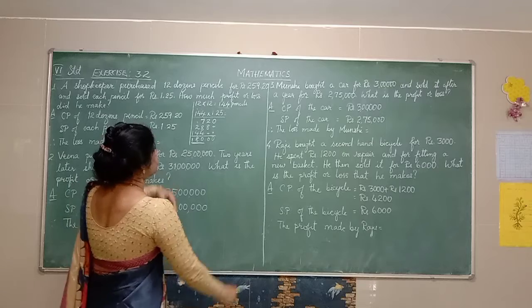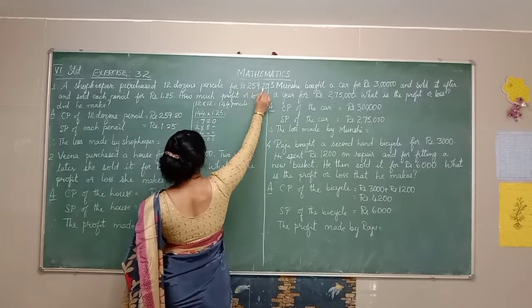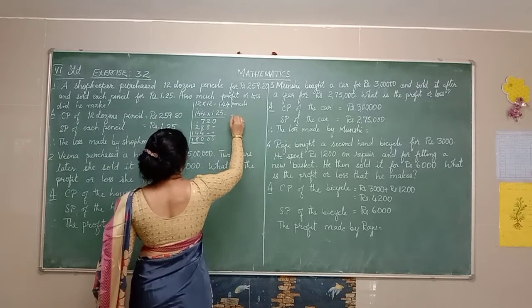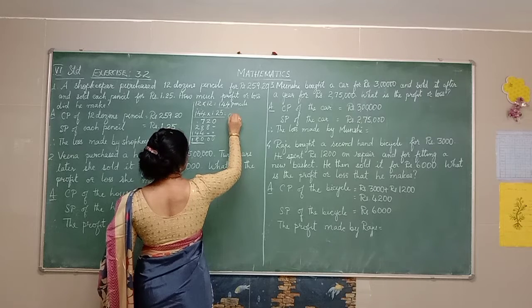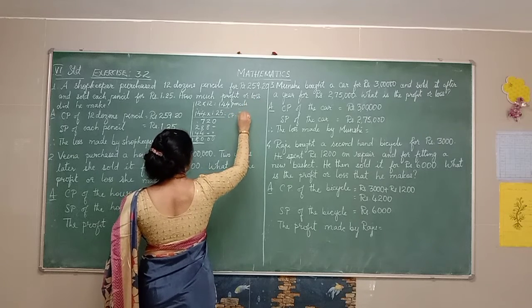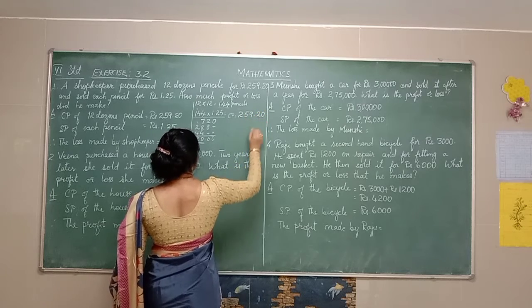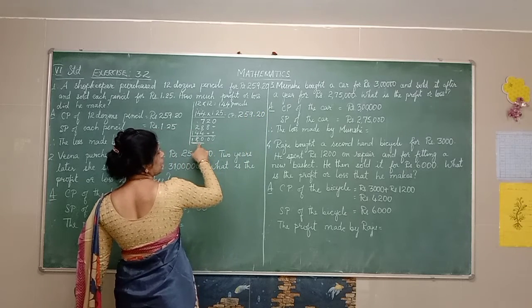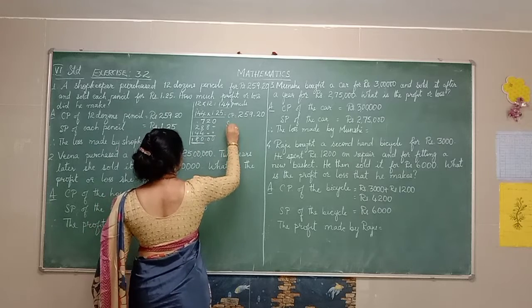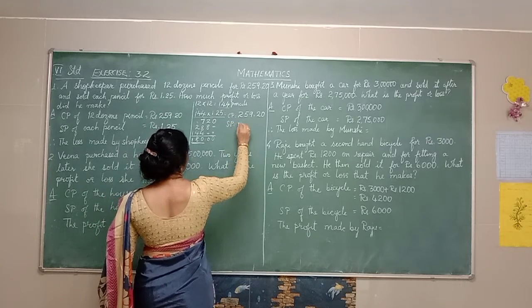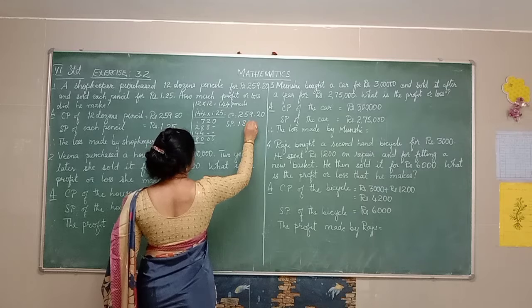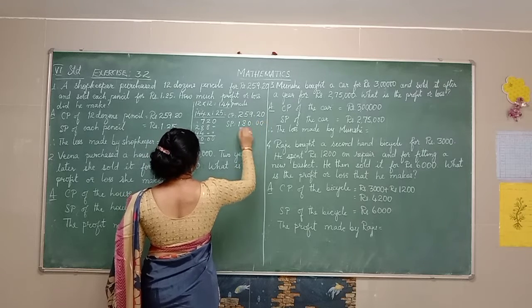He has purchased for 259 rupees 20 paise. So cost price CP is equal to how much? 259.20. Now selling price, it has become 180 rupees. So selling price SP is equal to 180.00.